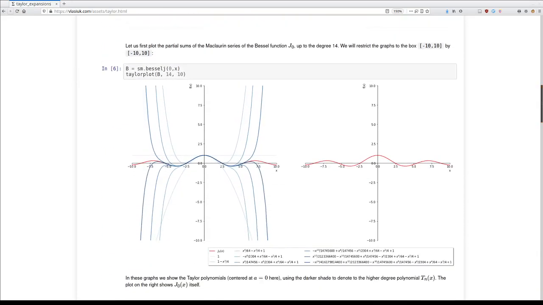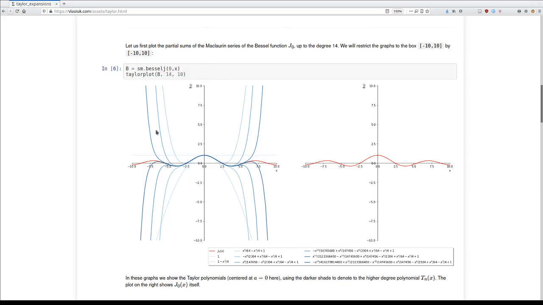And the way it works is it takes the function, in this case the Bessel function J0. It takes the maximal order of the Taylor polynomial that you want to use, as well as a range for x, and then it will plot the function in red as well as its polynomials up to the degree that you have indicated on the interval from minus, say, 10 in this case, up to 10.